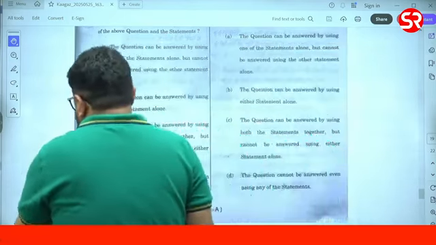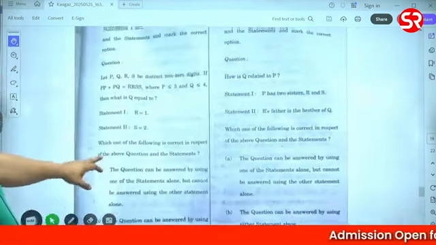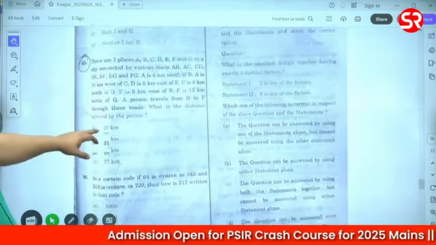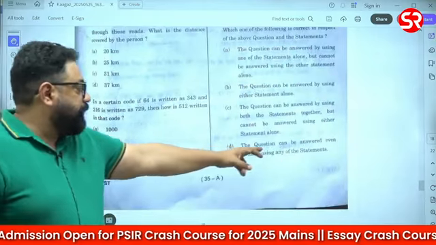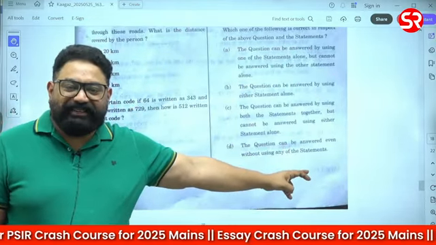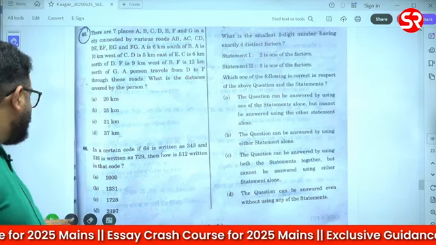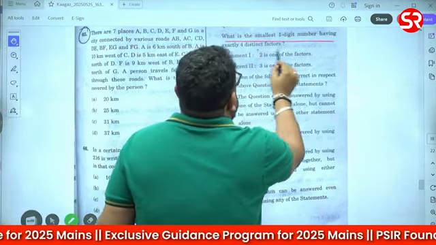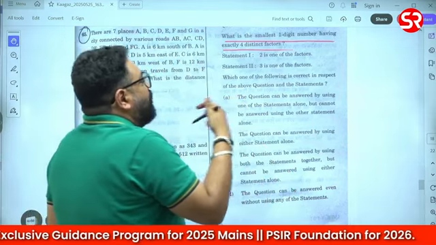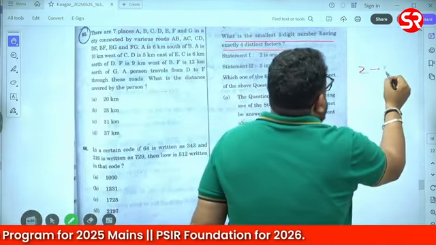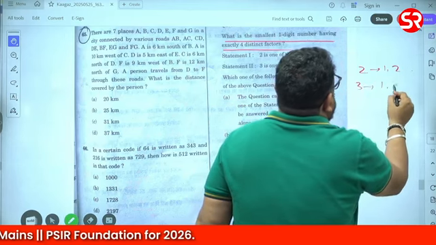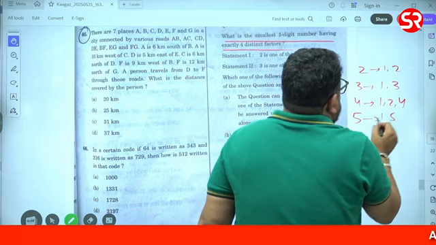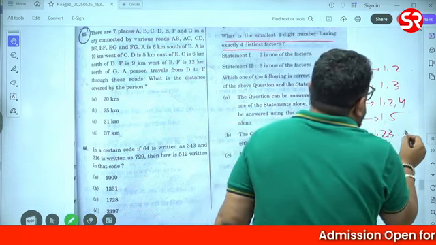चलिए, तो नेक्स्ट देखते हैं. Again, this is a question that can be answered without using the statements, right? Check करें, देखिए. He says, what is the smallest one-digit number having exactly 4 factors? 2 के factors हैं 1 and 2, 3 के factors हैं 1 and 3, 4 के 1, 2 and 4, 5 के 1 and 5, 6 के factors हैं 1, 2, 3 and 6.